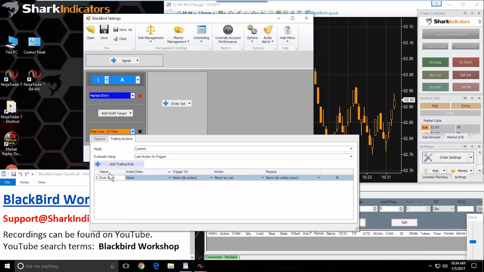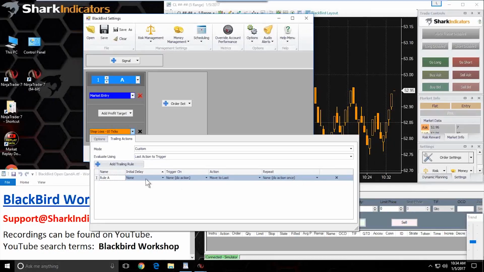Well, okay, yeah. Before I get into this too far, all of these columns are designed so that BlackBird evaluates them from left to right, as if you're reading, in reading order.